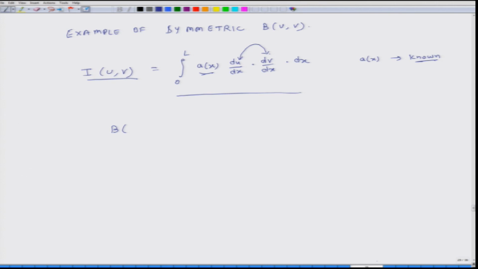Then I will go further and replace u with v and v with u, and I see that the form of I does not change. So, because of these two reasons, I of u and v is bilinear and it is also symmetric in u and v.